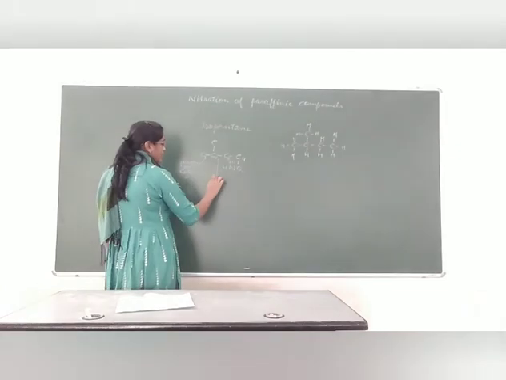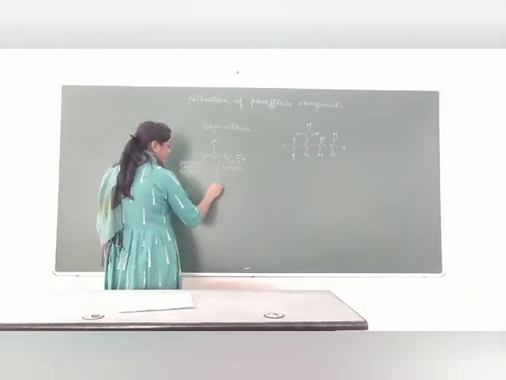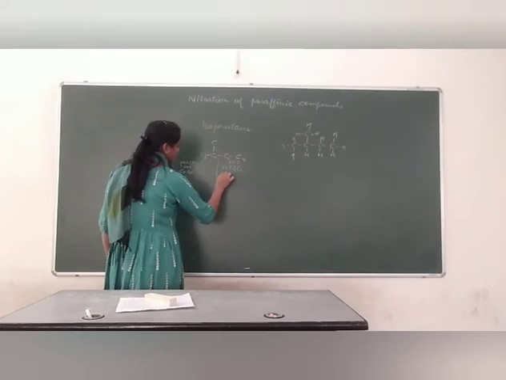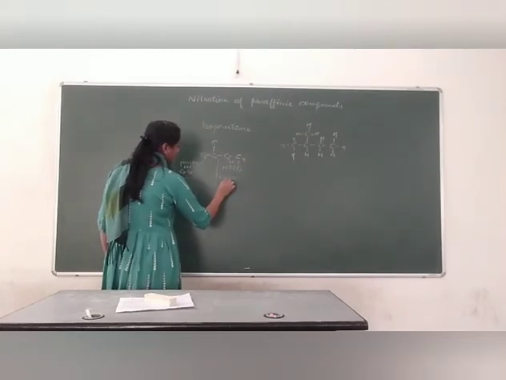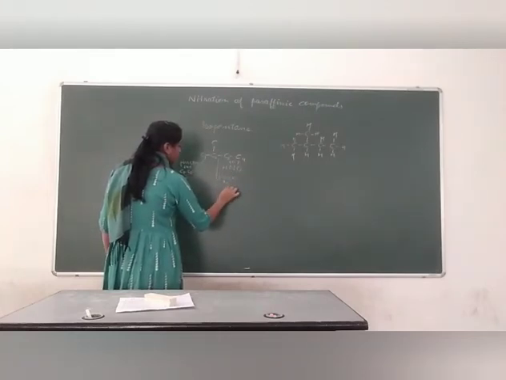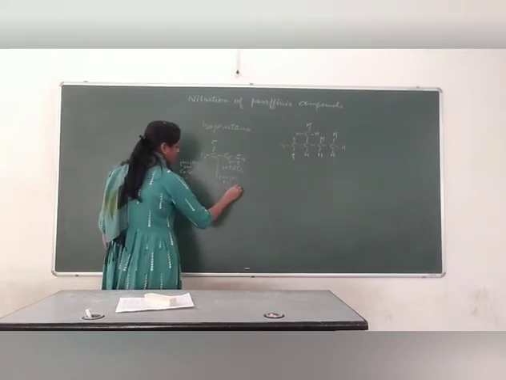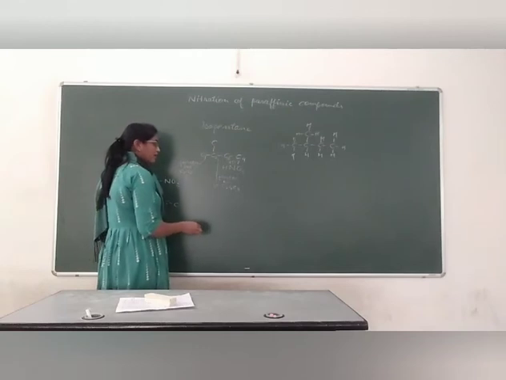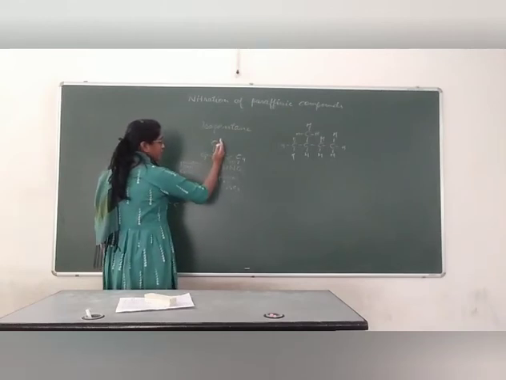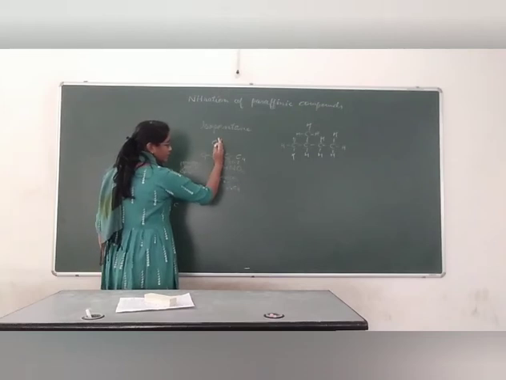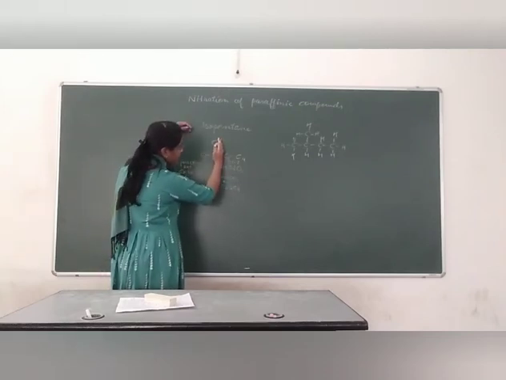Then we will take the example of fission between C2 and C3 carbon, right? So the bond will cleave from here. This will come apart from here.